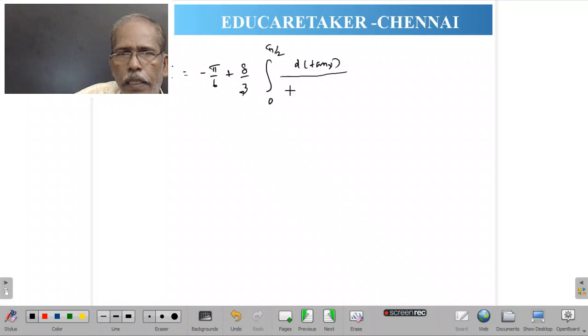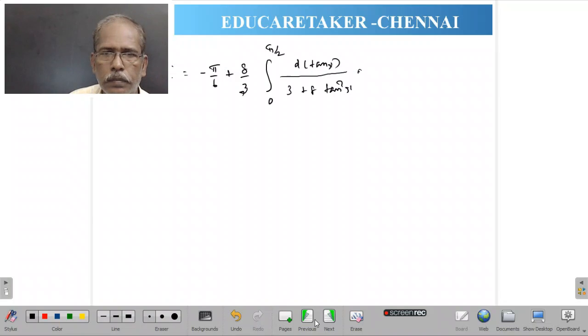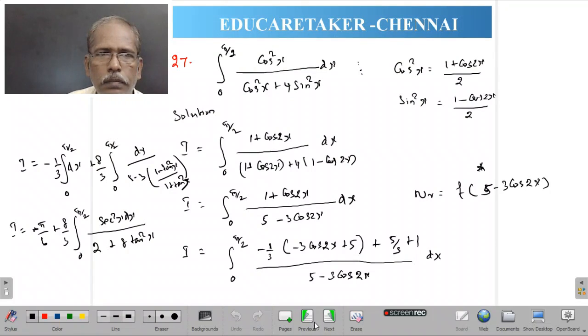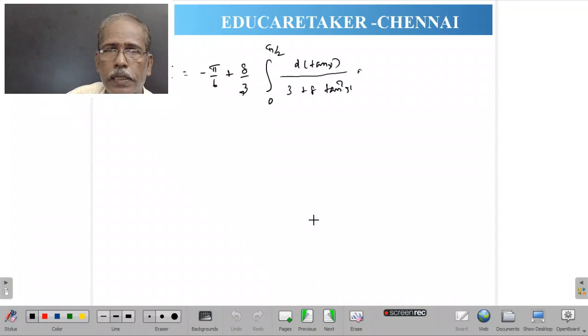The denominator, 2 plus 8 tan square x, correct? Not 3, 2 plus 8 tan square x. This should be 2. Let us take now for the second part u equal to, not u, already we have taken u.